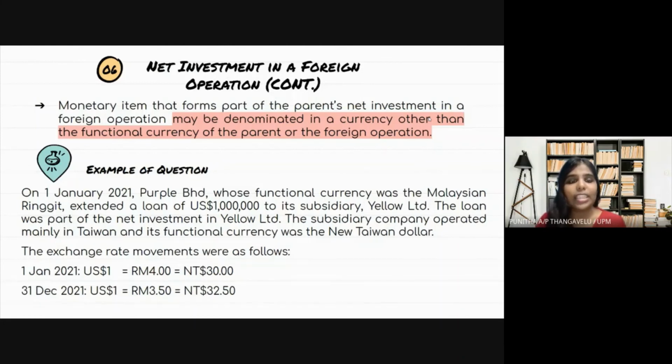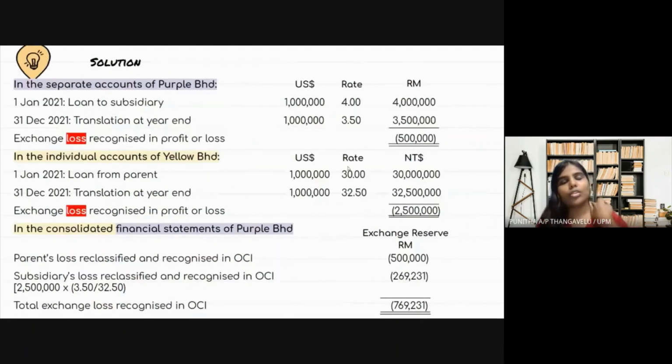So these are the exchange rate movements as follows. So let us see the solution. We have to take note that Purple Berhad's functional currency is Ringgit Malaysia, and Yellow Berhad's functional currency is New Taiwan dollar. So in the separate account of Purple Berhad, the loan to subsidiary is 1 million; on 1st January we have to take the rate on 1st January, and it will result in RM 4 million.